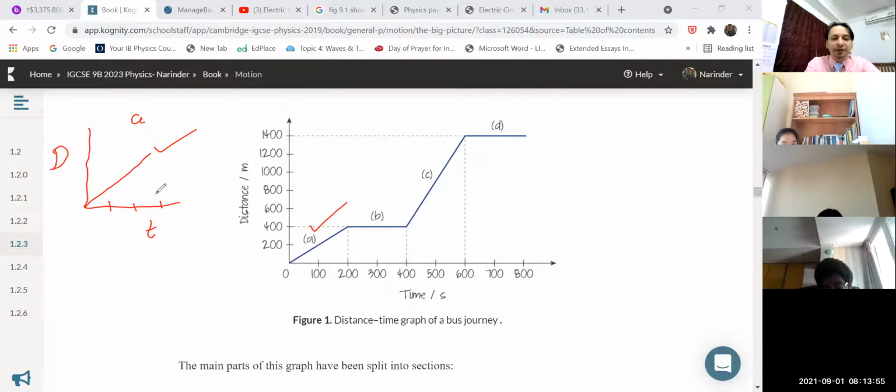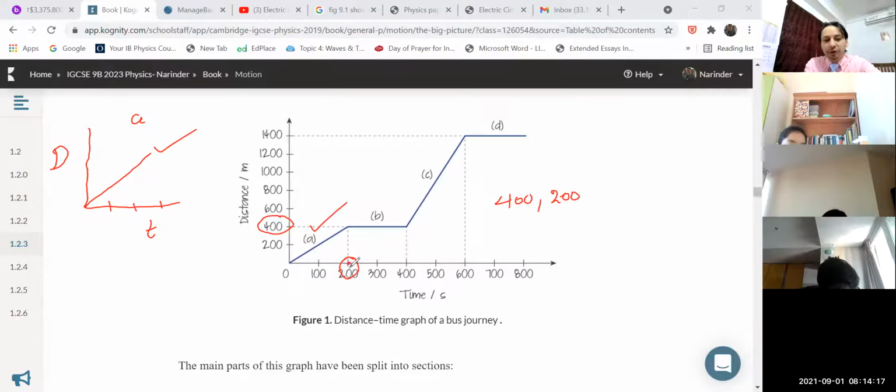If the line is straight. So finally, if you see, within a time interval of 200 seconds, the object has covered a distance of 400 meters. Within 200 seconds, it's mathematics, children, how to plot this graph. Suppose I say 400 and 200. So how to plot?